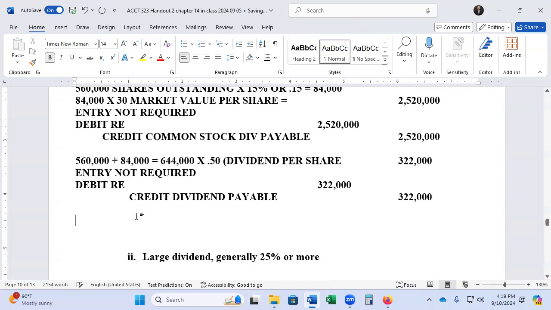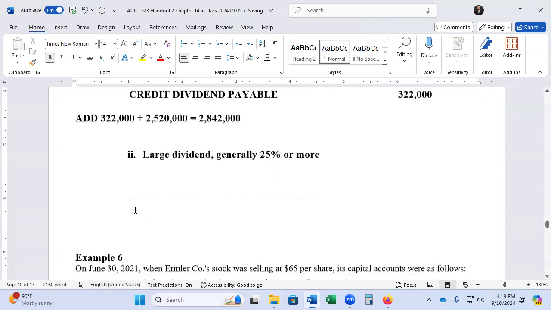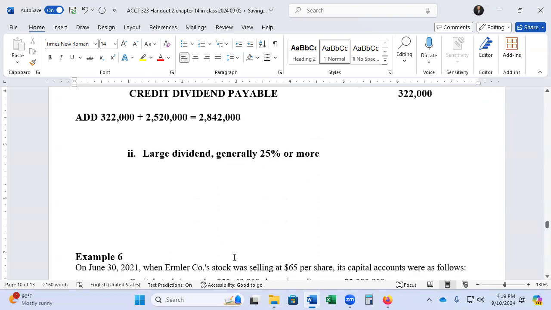And so add 322 plus 2520, and that equals your 2,842,000. Any questions?